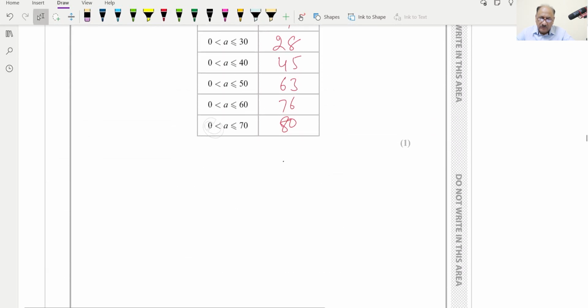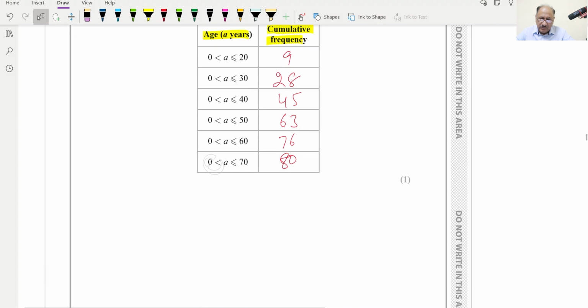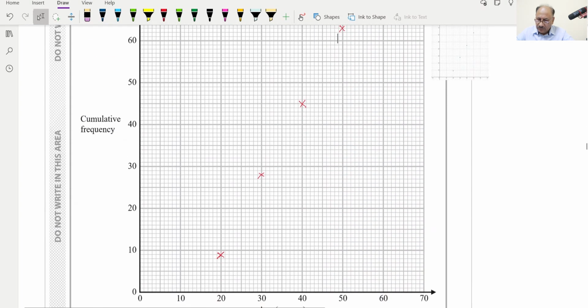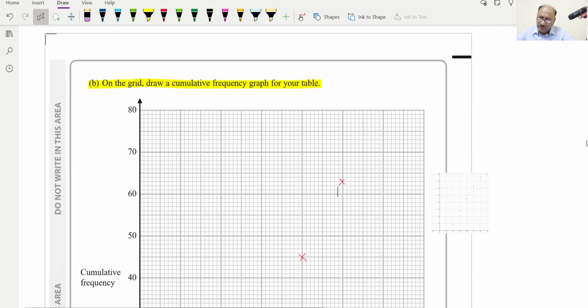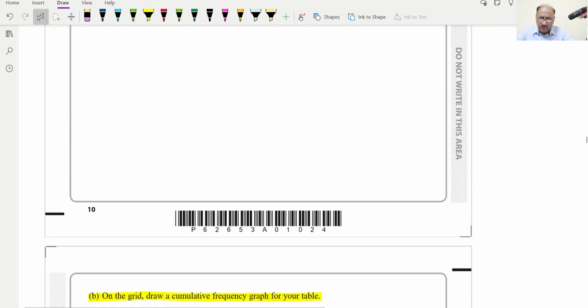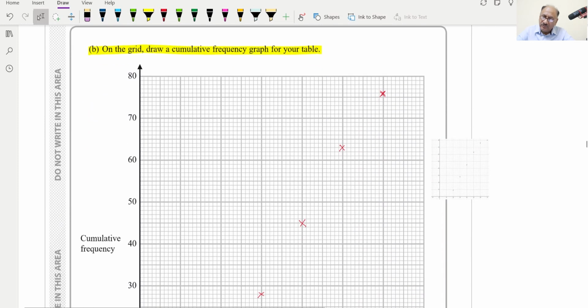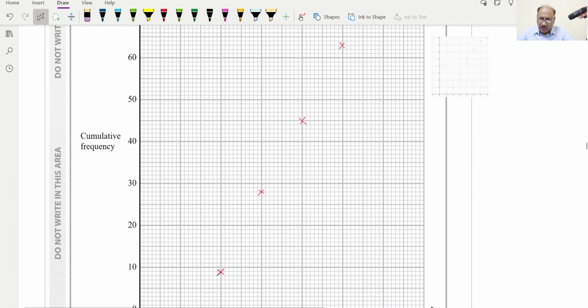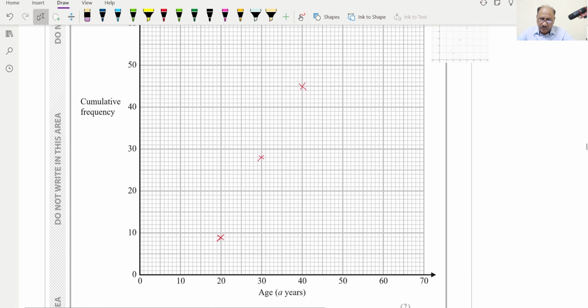Then 60 is 76, and 76 is this point. And for the last one, 70 is 80, and this is the mark. Now we have marked these points, and we can draw the curve.